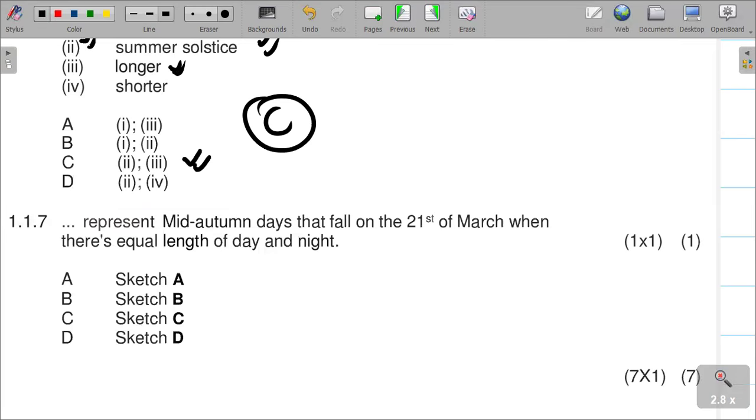Dash represents mid-autumn days that fall on the 21st of March, when there is equal length of days and night.